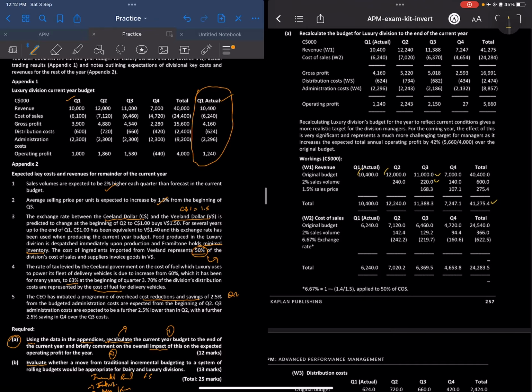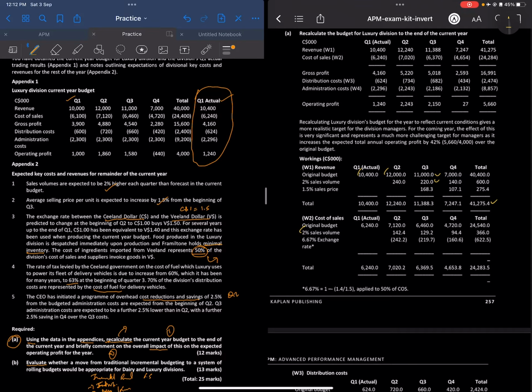So cost of sales is 6240. Okay, and what do we say here is that 50% of it is imported from outside, right? People miss out that sales volume will also drive cost of sales, so we need to include that as well.